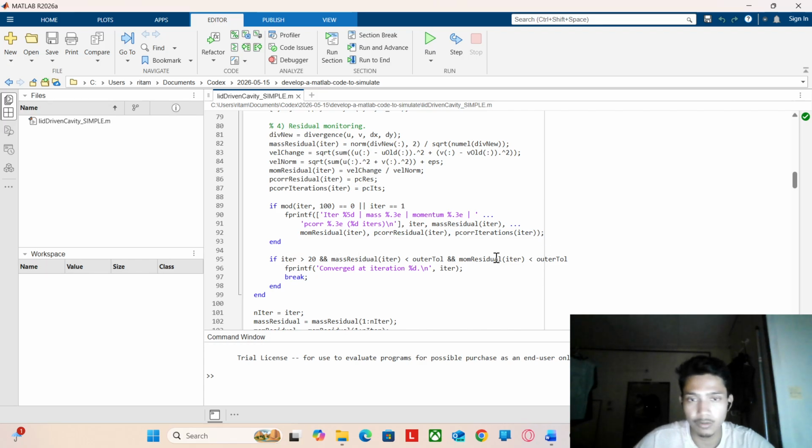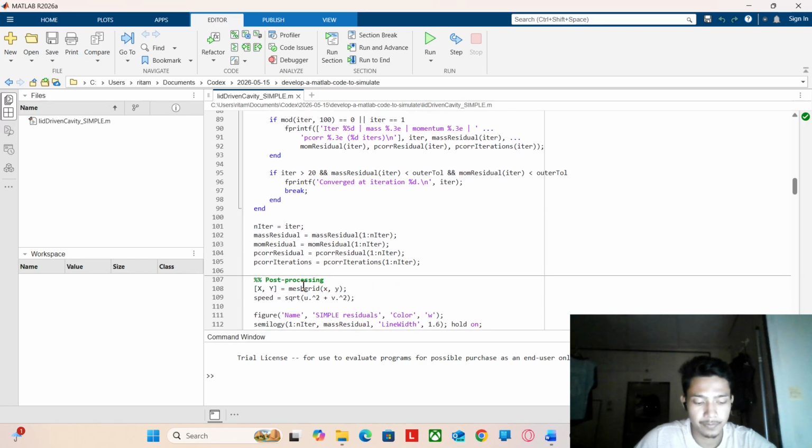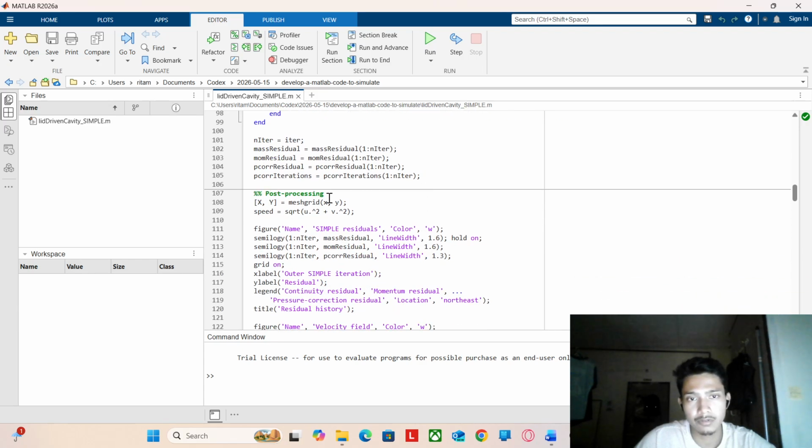So this code means that after that we printf converged at iteration %d, slash n, iter, and break, and end. Then n iter equal to iter, mass residual equal to mass residual 1 colon n iter, mom residual equal to mom residual 1 colon n iter, p core residual equal to p core residual 1 colon n iter. And then this follows. Then after that we come to post processing.